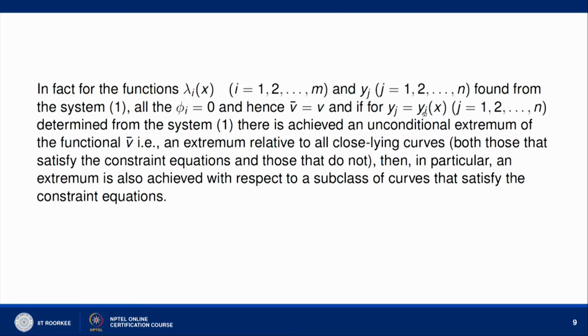and if for yj, j from 1 to n, determined from the system 1, we can have an unconditional extremum of the functional v bar, it means an extremum relative to all close-lying curves, meaning all curves satisfying the boundary conditions. They may not satisfy the constraint equations, or they may satisfy the constraint equations. Then in particular, an extremum is also achieved with respect to a subclass of curves that satisfy the constraint equations.